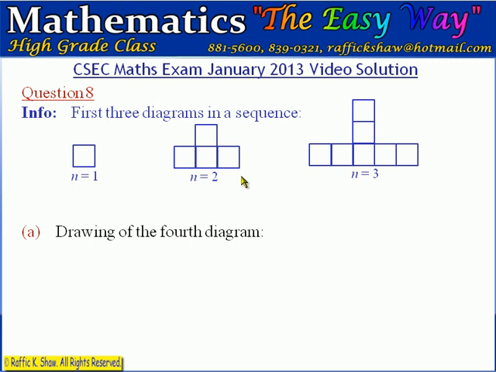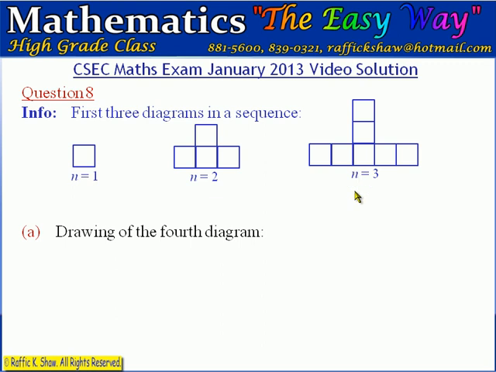Based on this pattern, we see that the diagram number n matches the number of squares up the middle, and then there's always 1 square less than up the middle on each side. When the number up the middle is 2, there's 1 on each side, and when the number up the middle is 3, there are 2 on each side.